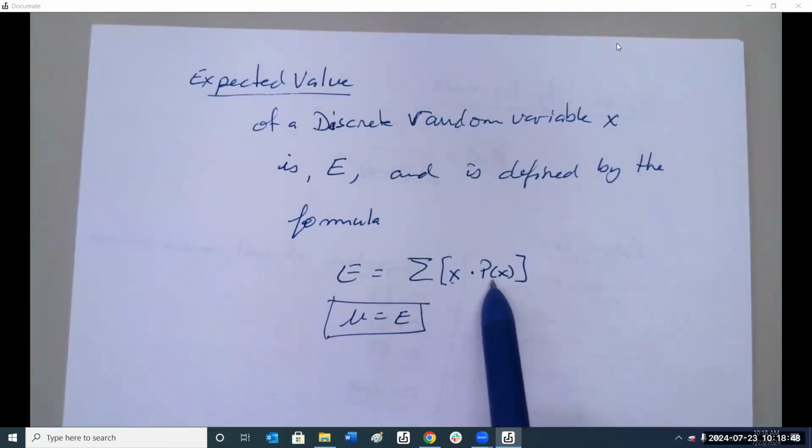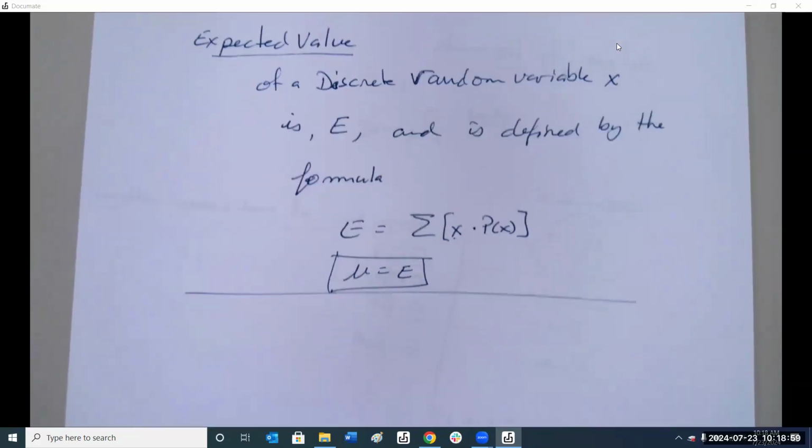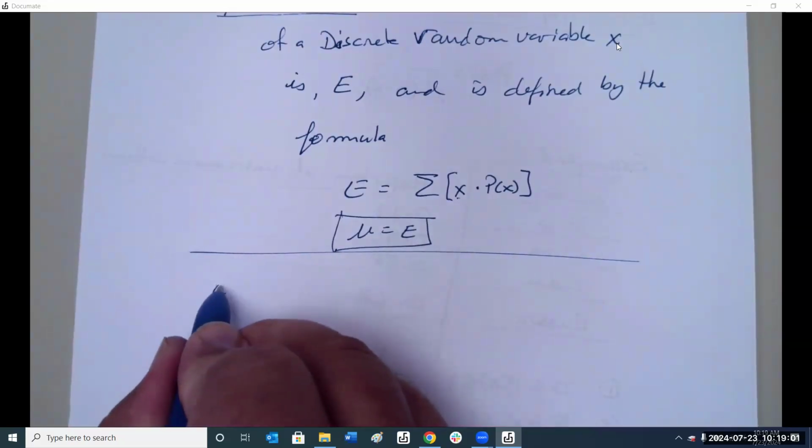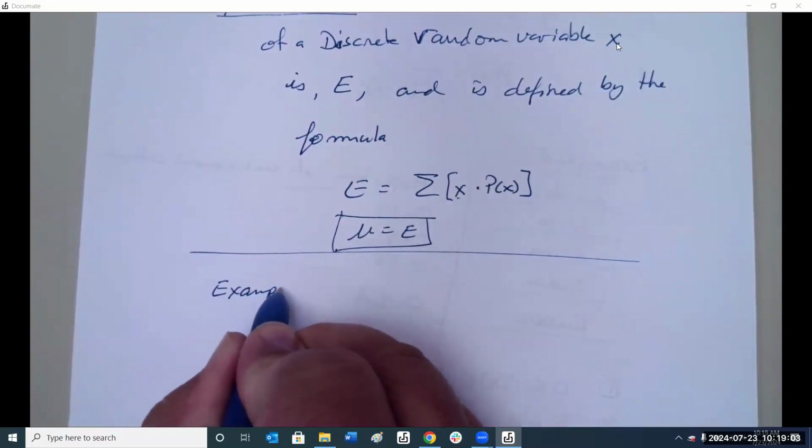Because remember the formula, x times p of x, what that really represents is your average, your mean. So let's look at example 3. Let's look at our expected value.